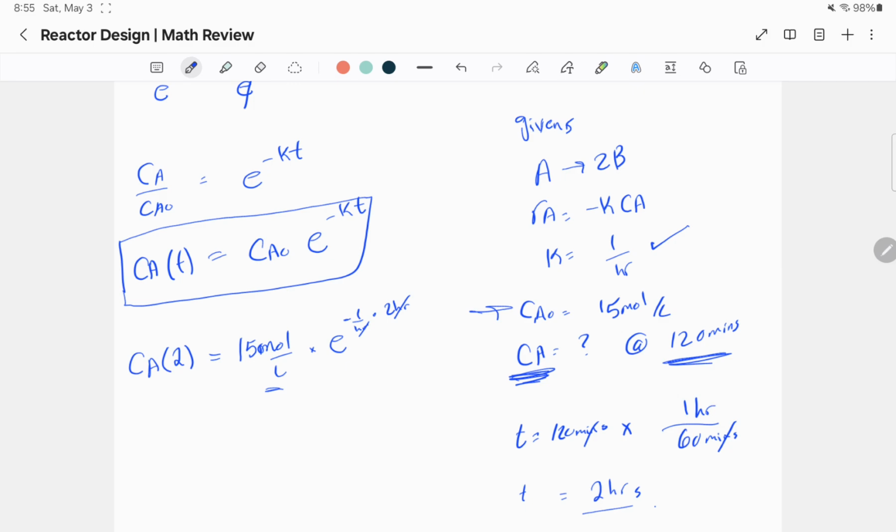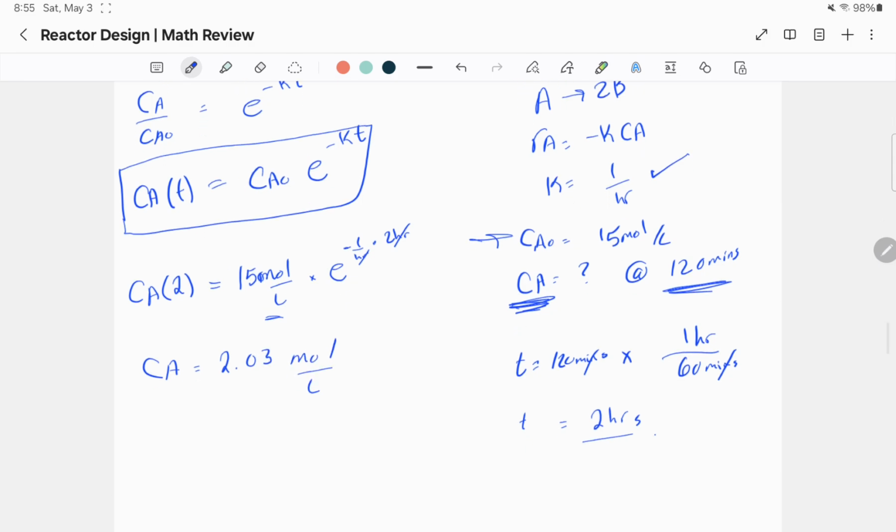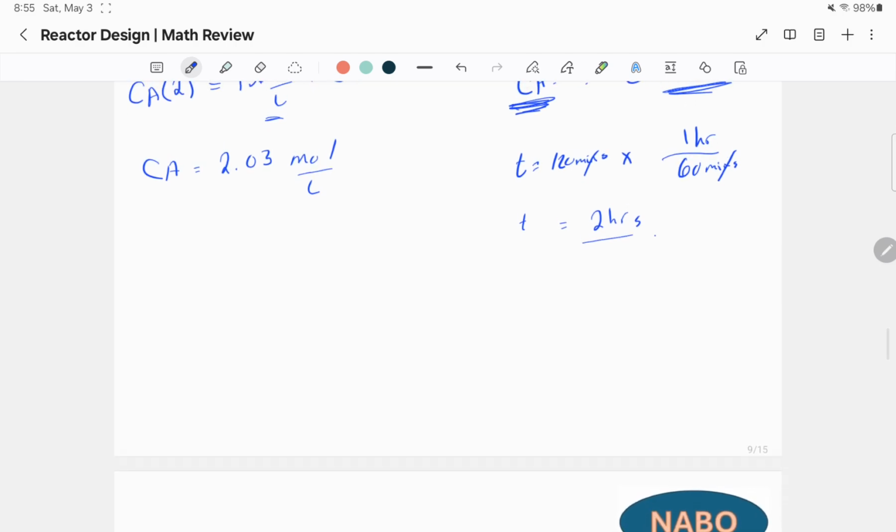So let's go ahead and do that. 50 moles times e to the power of -2 will give you 2.03. So CA equals 2.03 moles per liter, which makes sense because A is a reactant.